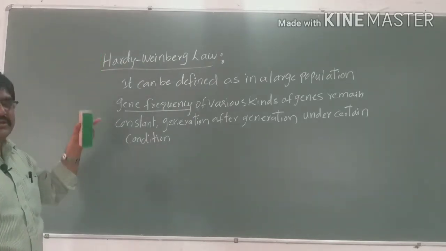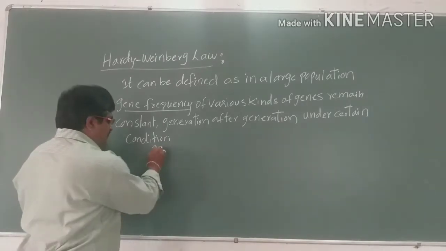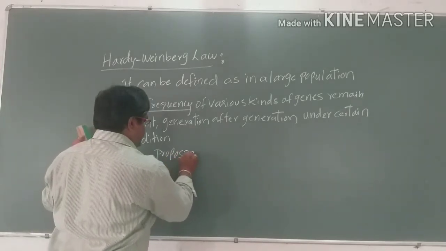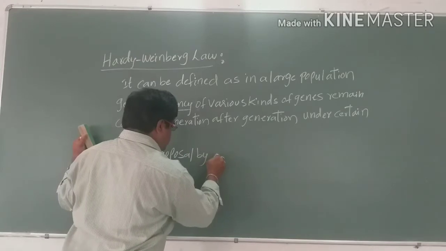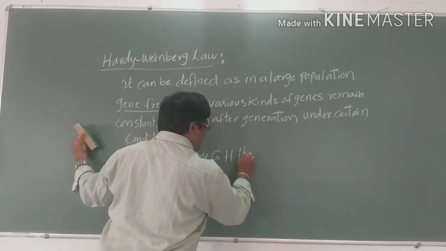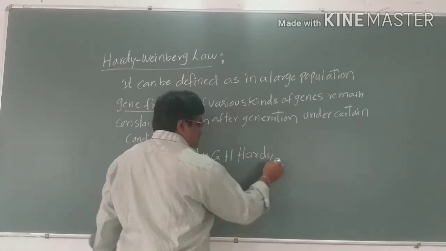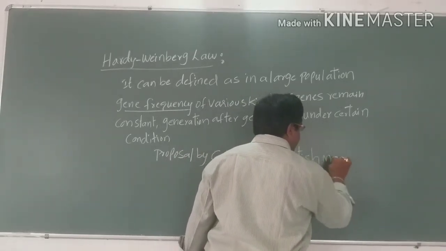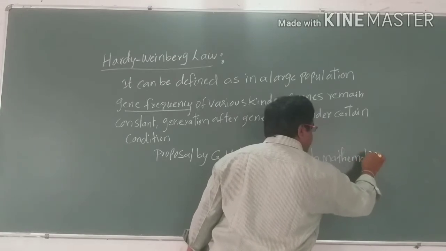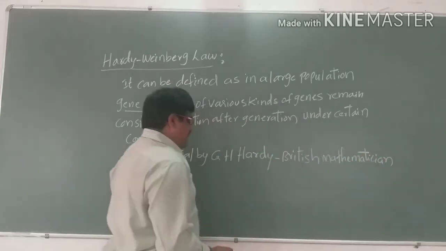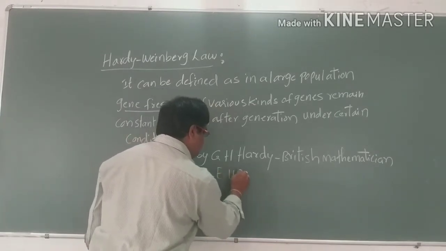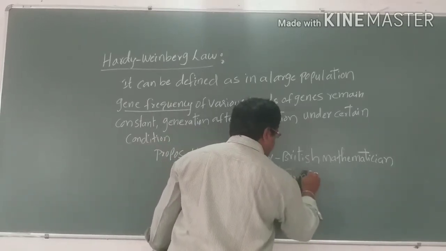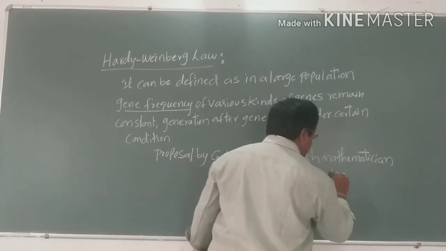It was discovered by two scientists. It was proposed by G.H. Hardy, a British mathematician, and the second one is W. Weinberg, a German physician.